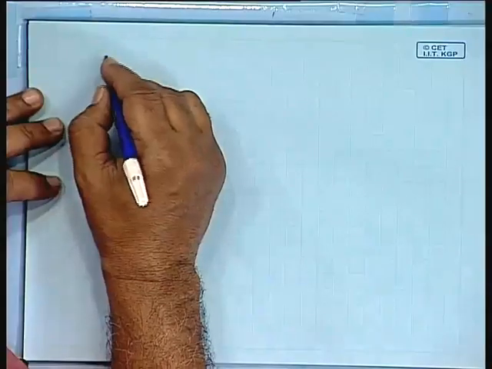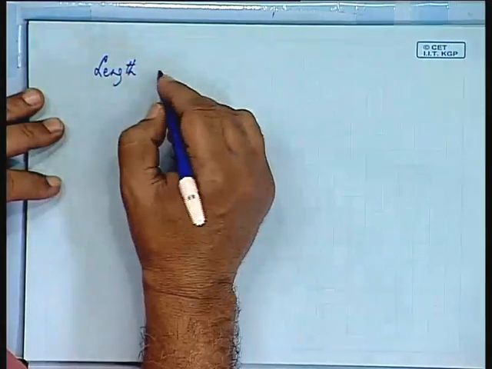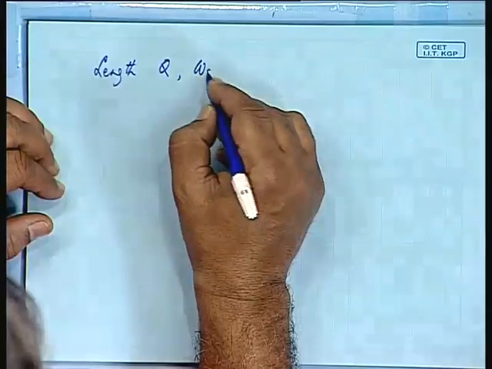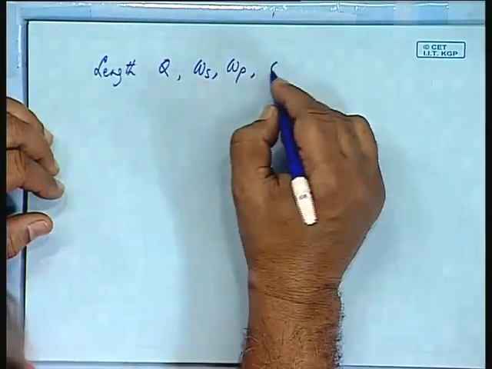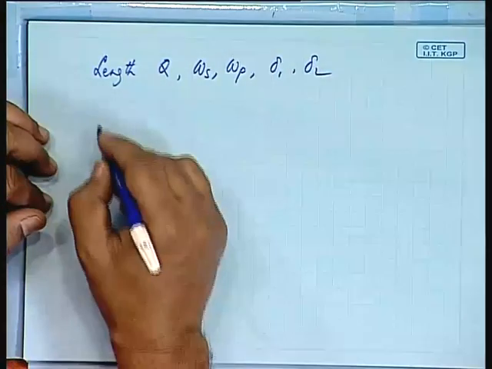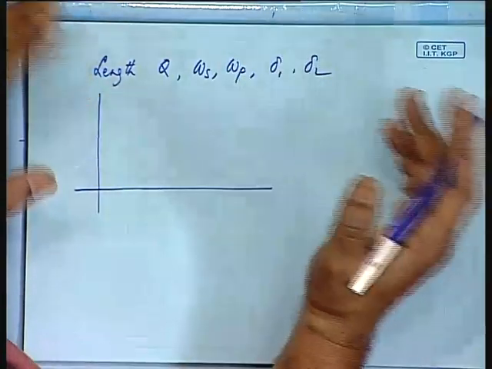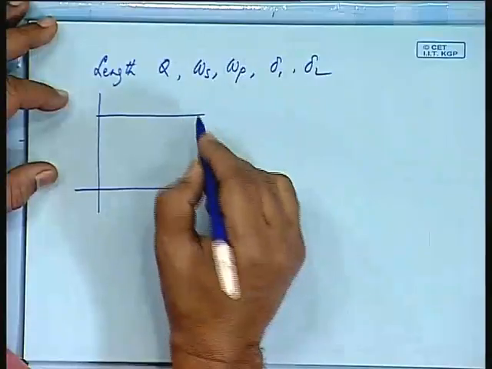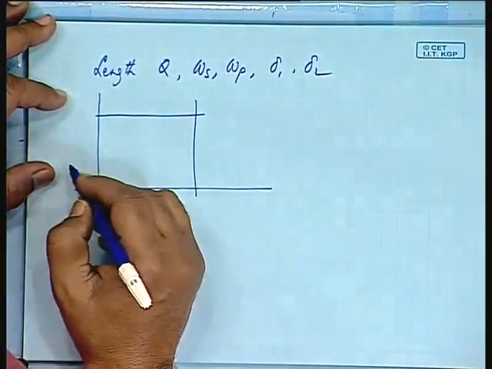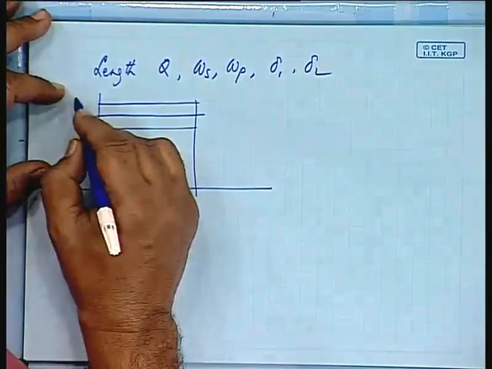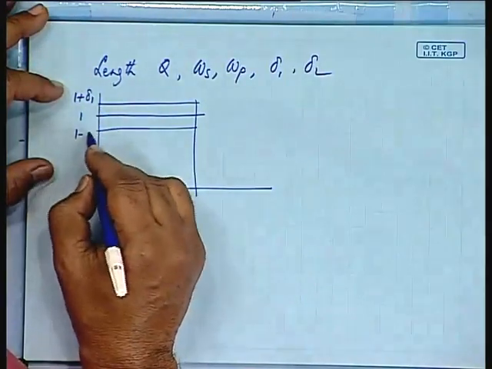Now, the length, that is q, the length will be 2q plus 1. So, length, then omega s, omega p, delta 1 and delta 2, these are the variables. Some of them are fixed, others are determined by changing. So, the amplitude varies between 1 plus delta 1 and 1 minus delta 1.